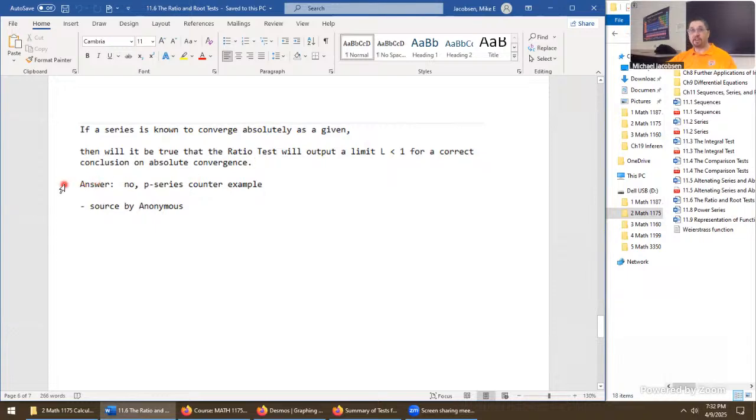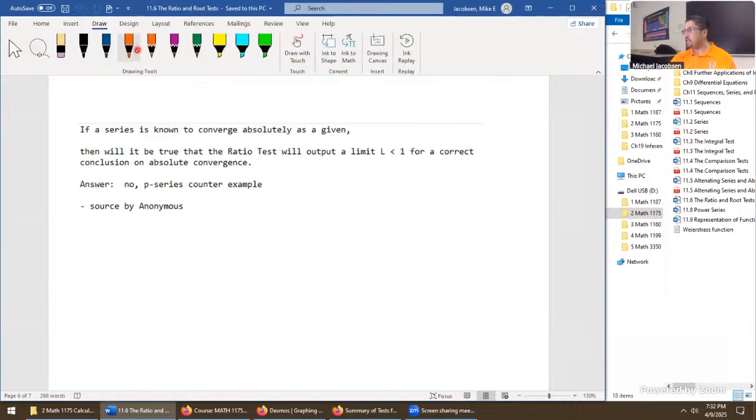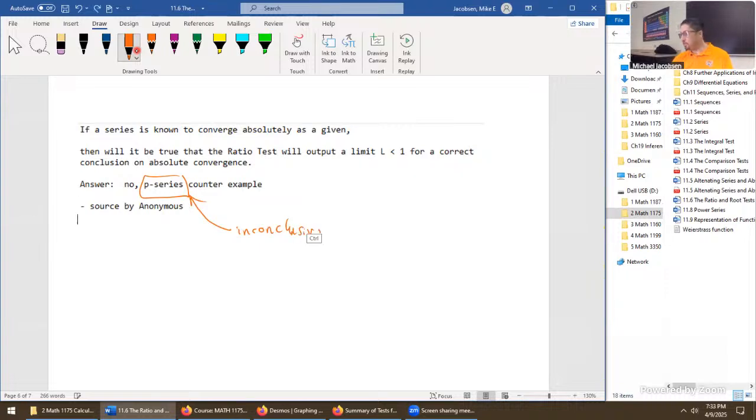Answered in the class right at the very end was no. A p-series is a great example of that. A p-series can converge absolutely, but a p-series is never something you should use the ratio test on. This would give us inconclusive. So this is inconclusive.